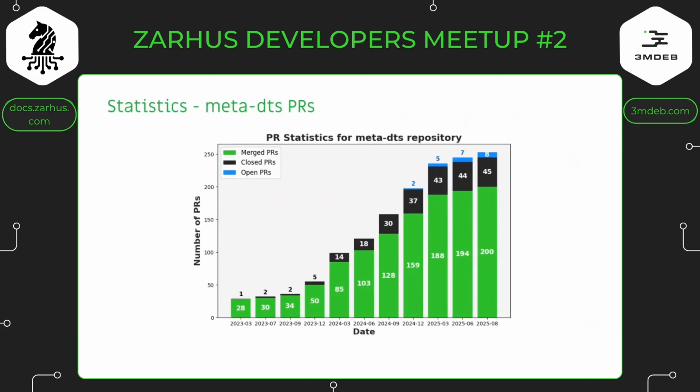A bit less happens in MetaDTS, as most of the logic is in the scripts. We mostly update revisions in the MetaDTS, but also add some tools and update some tools if necessary, also to run properly.